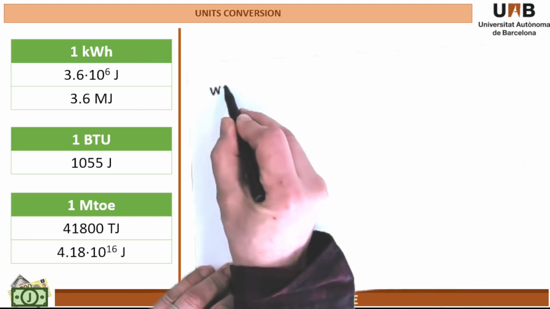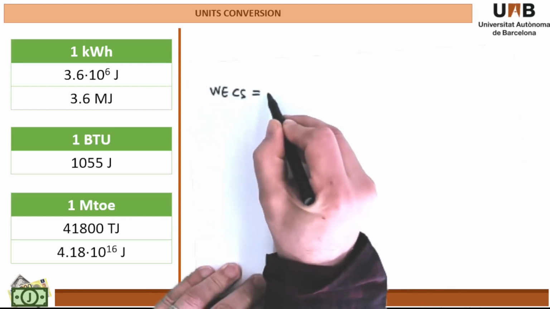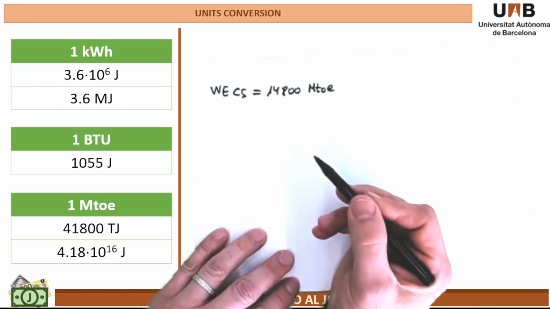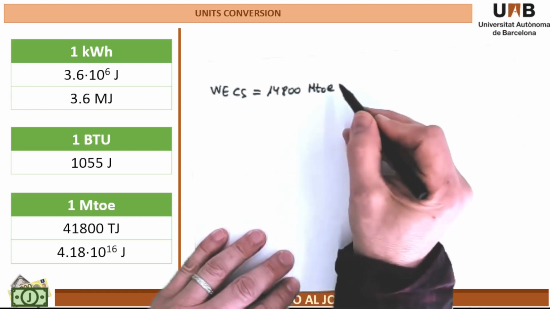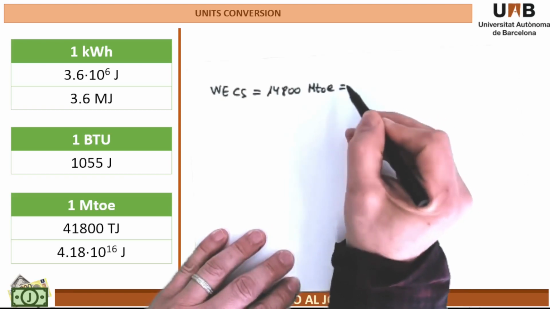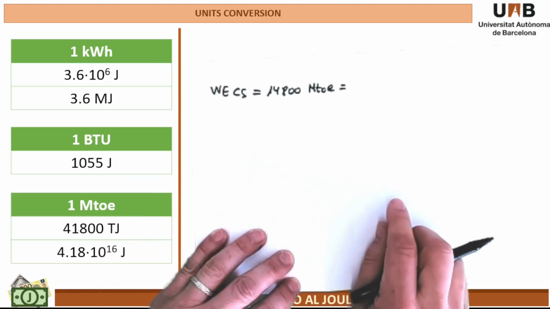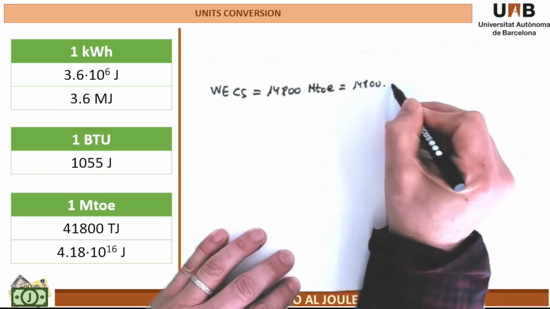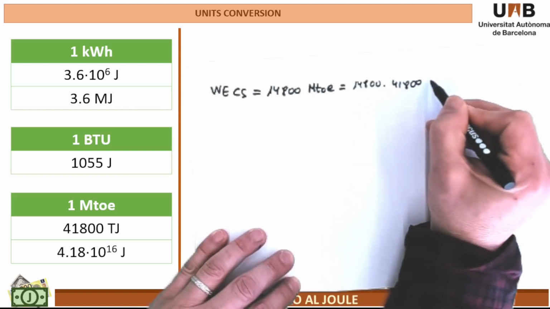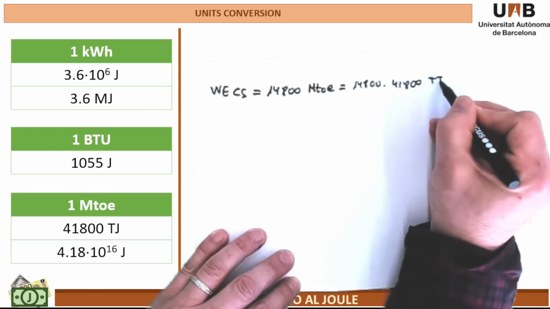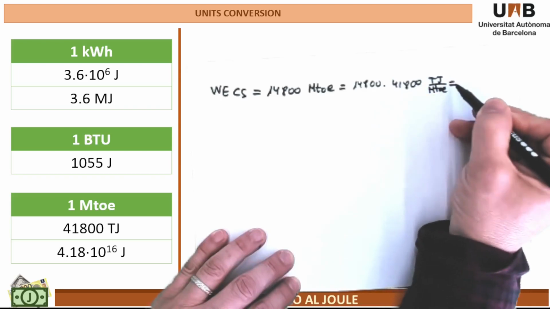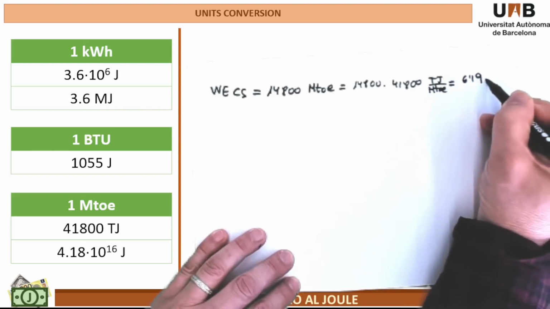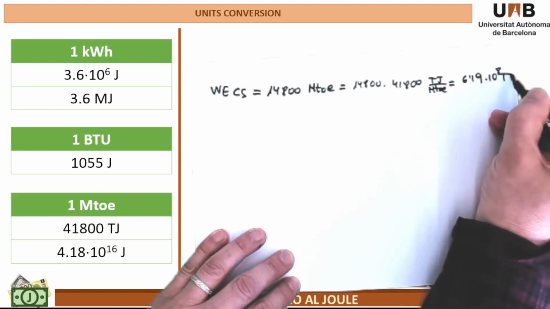We have said that on one side we have obtained this amount of energy in millions of tons of oil, and remember, this has to be turned into terajoules, that is, this multiplied by 41800 terajoules per million tons of oil, and this is giving us 6.819 10 to the 8 terajoules.